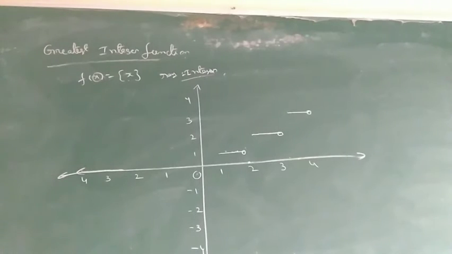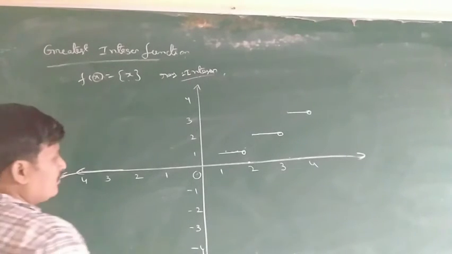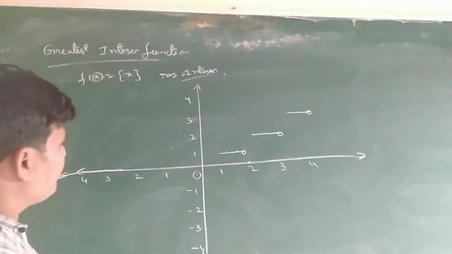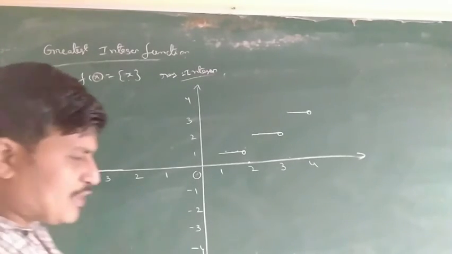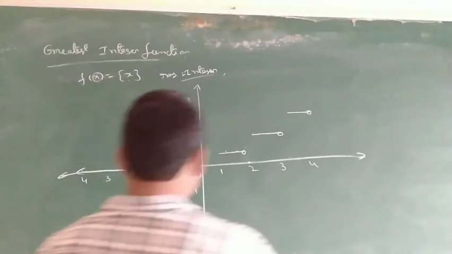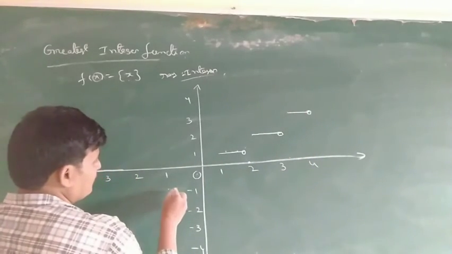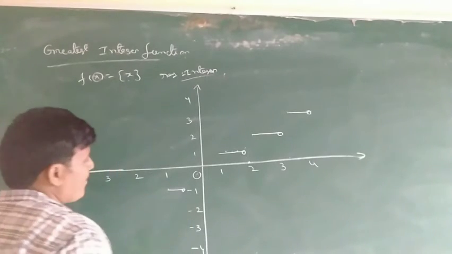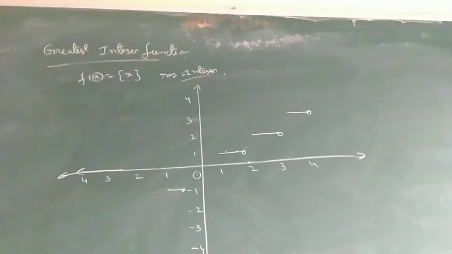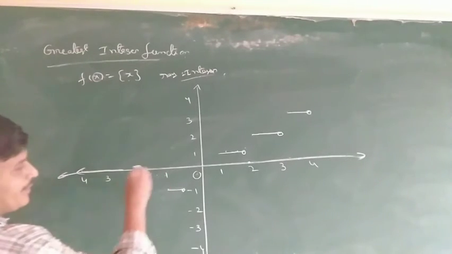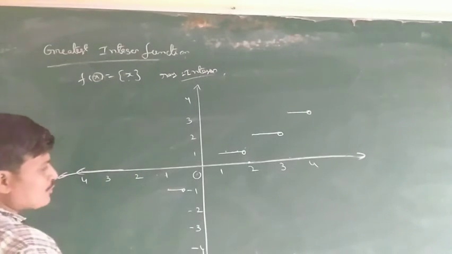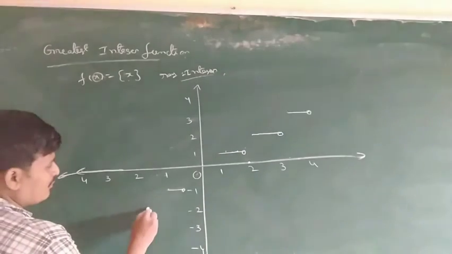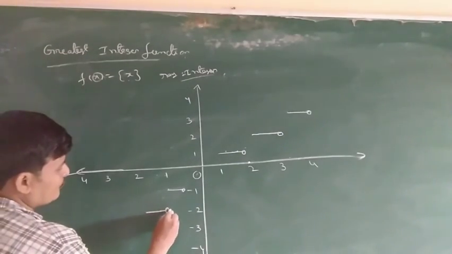Step of minus 0.1 is equal to what? Minus 0.1, minus 0.2, minus 0.3 are also minus 1. Next, step of minus 1.1, minus 1.2, minus 1.3 is also minus 2.